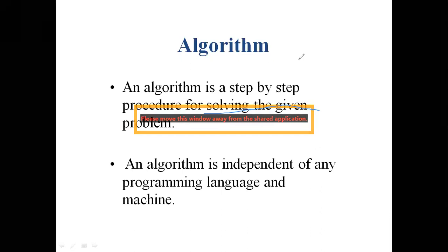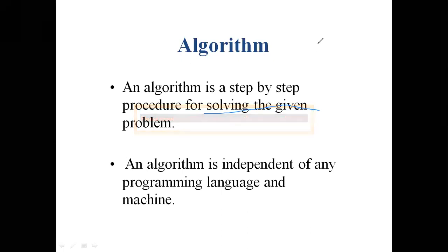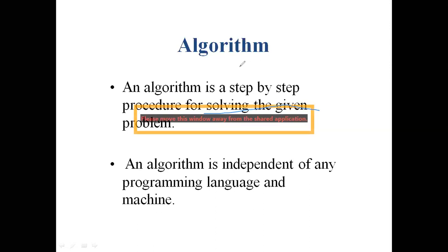An algorithm may be written in any language, but most students and most people understand English, so algorithms are written in English. An algorithm is a step-by-step procedure. For example, we have some problem here.